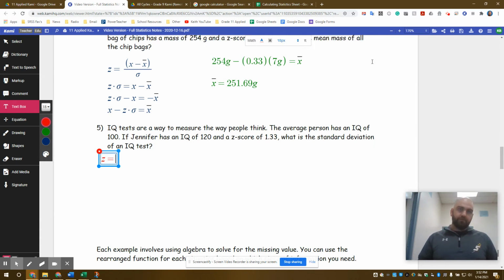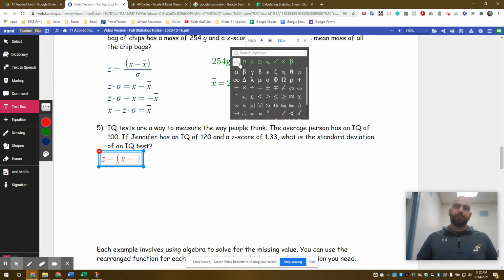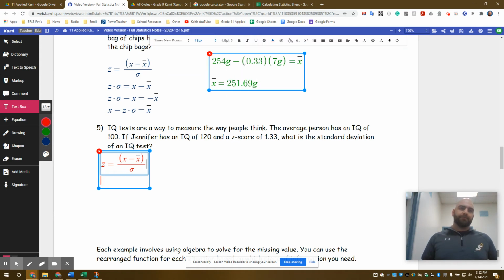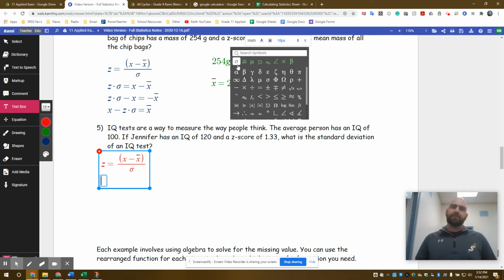Our formula again: z equals x minus x bar over sigma. We're going to try to get sigma all by itself. The first thing we need to do, same as before, is multiply both sides by sigma.